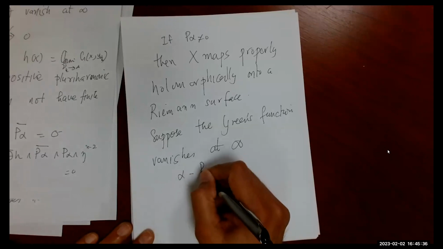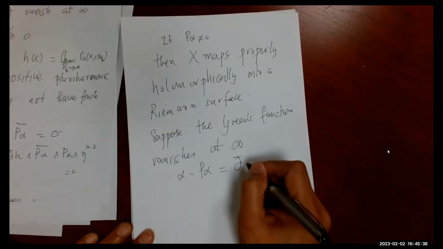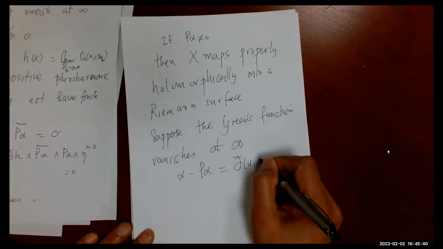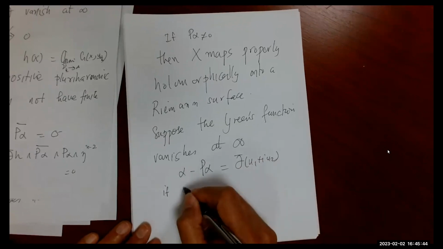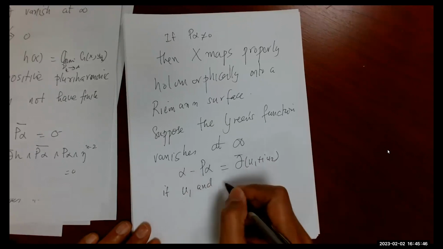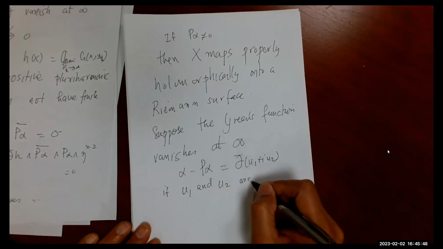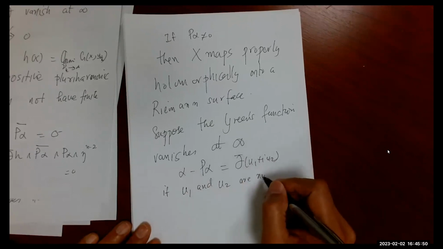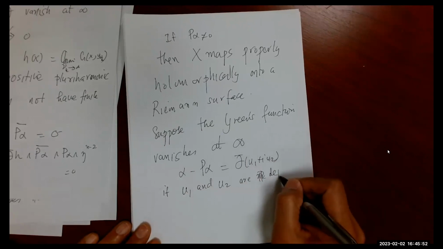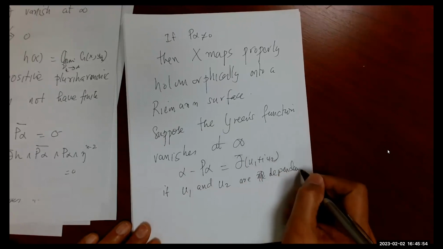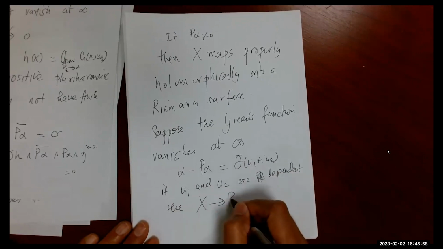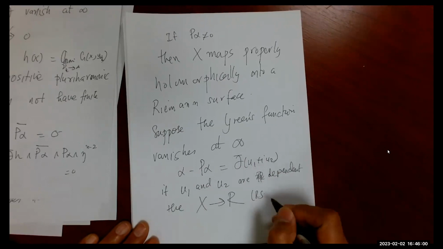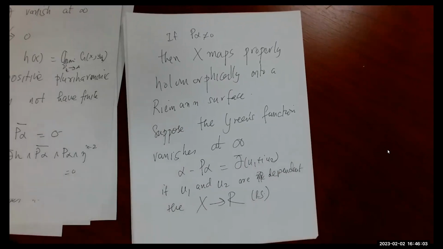If they're real, then X maps to a Riemann surface properly, holomorphically.